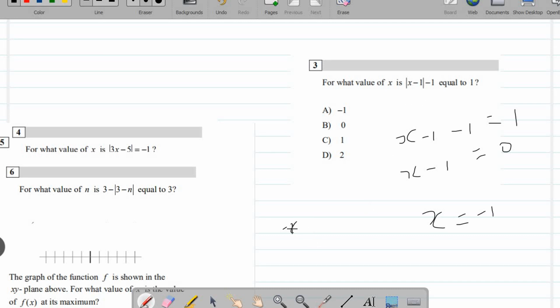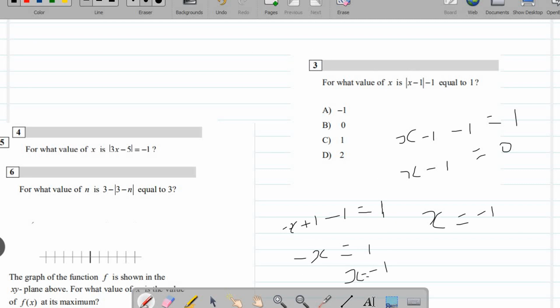Okay, minus x and plus 1, because if you put negative, minus x plus 1 minus 1 is equal to 1. So minus x is equal to, see the 1 there, plus 1 minus 1 is 0, is gone. So minus x equal to 1, or x equal to minus 1. So either way, x equal to minus 1.